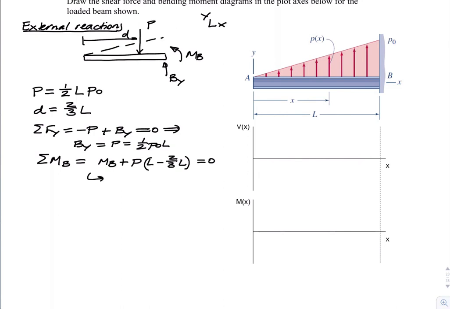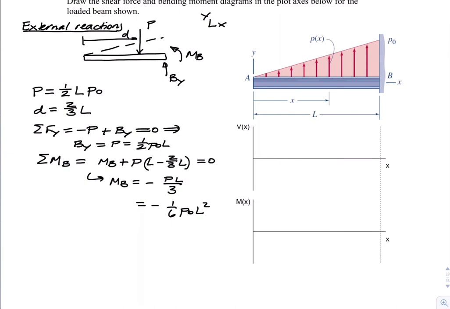So therefore the bending moment MB is going to be minus P times L over 3. So P we said was equal to 1/2, so that's going to be 1/6 P naught L squared.